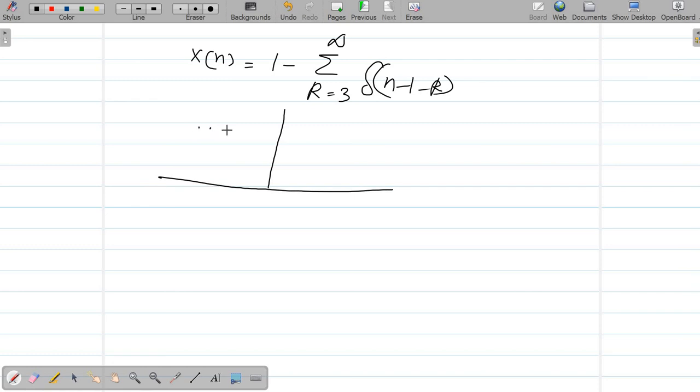When n is equal to 1, this is when x of n is equal to 1.